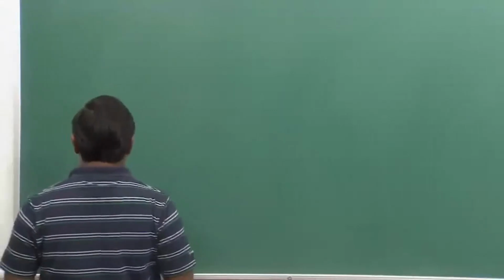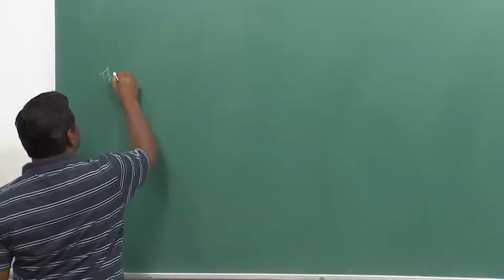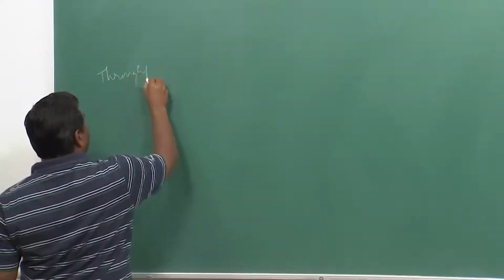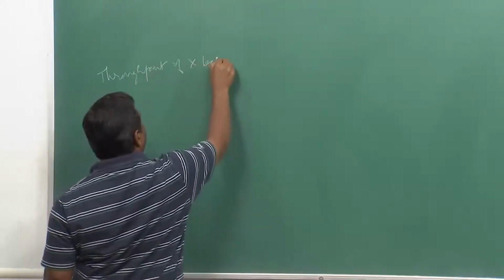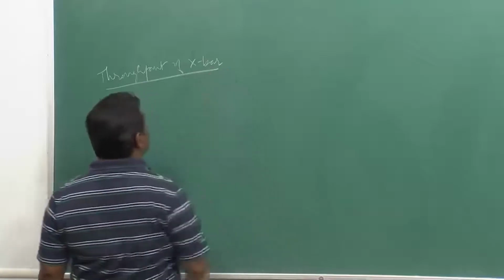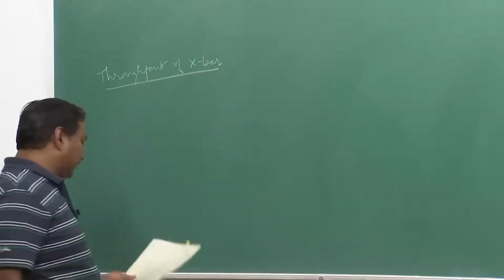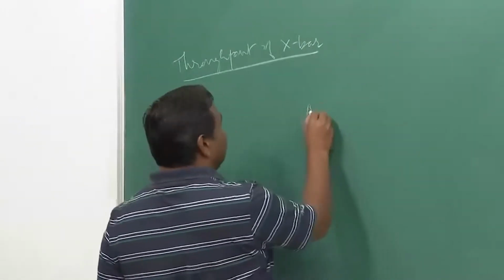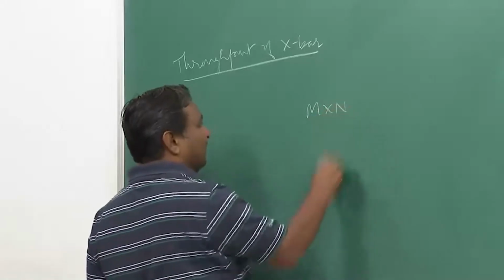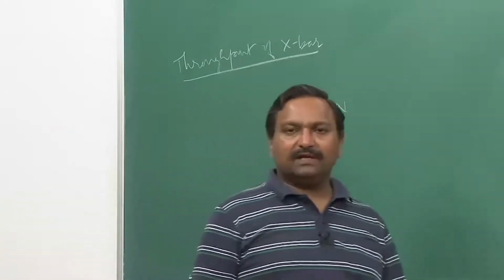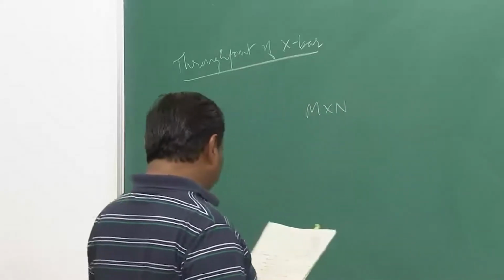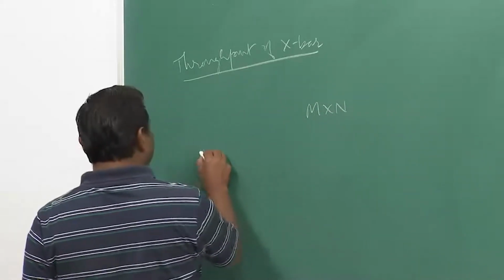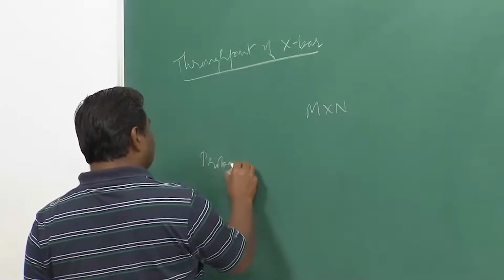So, throughput of the crossbar, let us start with that. The crossbar is of size m by n, that is what I am assuming, an m by n crossbar, and remember it is a packet switch. What I need to find out is the throughput at the output. So, the probability of arrival of a packet at the input.